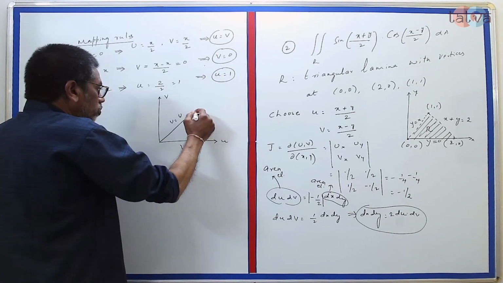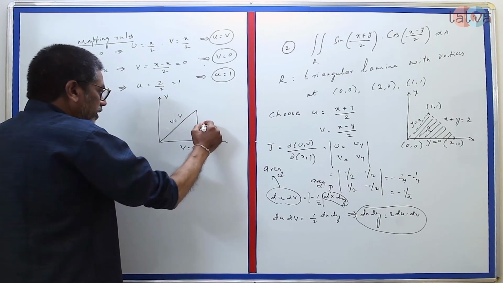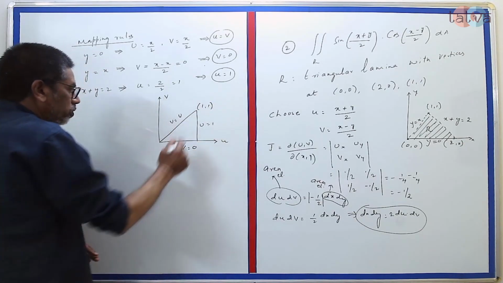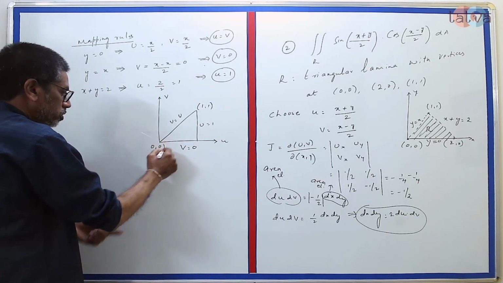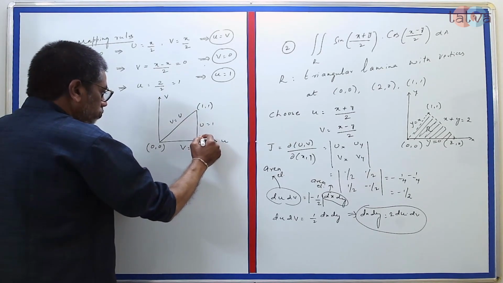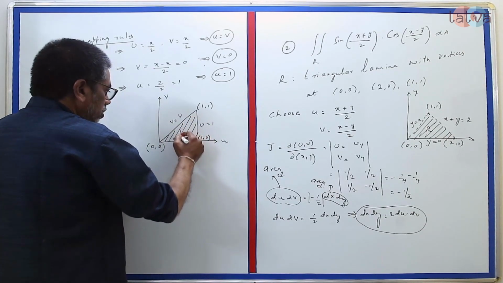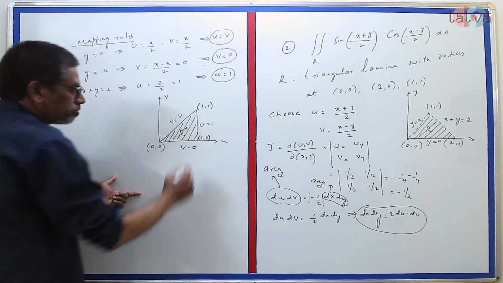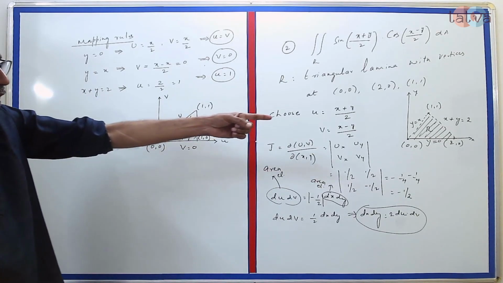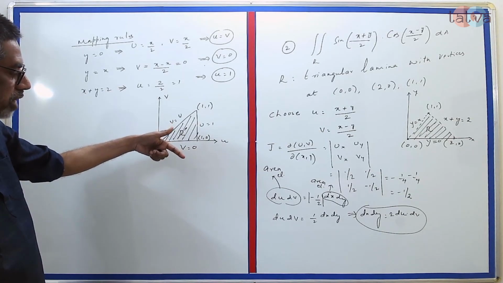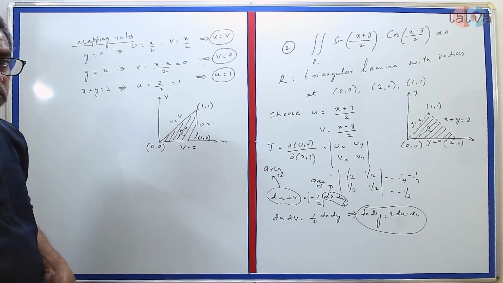And then u is equal to 1 would be this vertical line. So that point would be (1, 1). This would be (0, 0). And this would be (1, 0). So call this R dash. So the region R is transformed to another right triangle which looks like this.